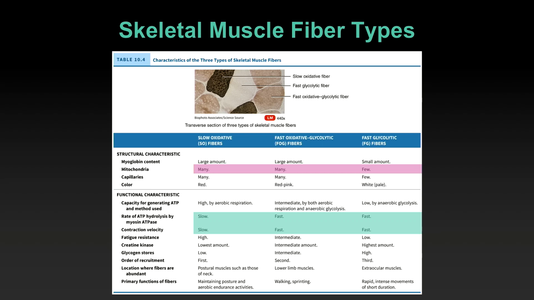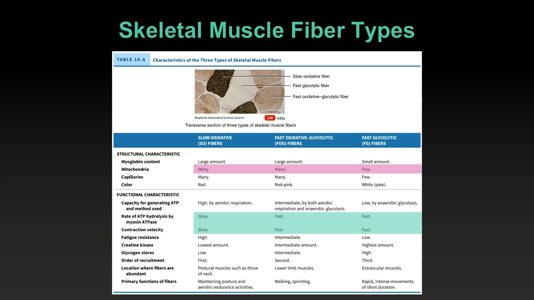Usually 45 to 55%. And some of them might be a bit more fast. Gastrocs are a bit more fast and more powerful. Soleus is a bit slower, but they're generally 50-ish%, half and half. Rats and mice, you'll see muscles that are 85% fast or slow.